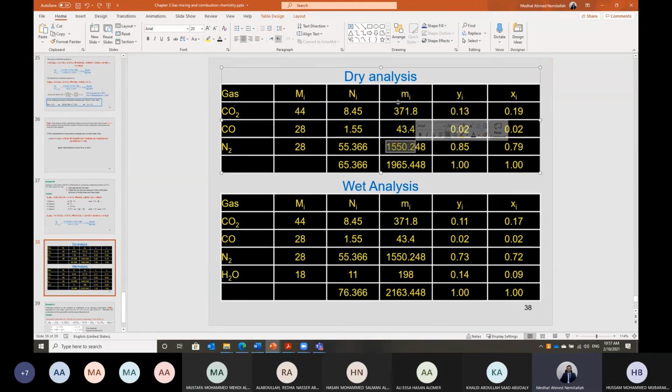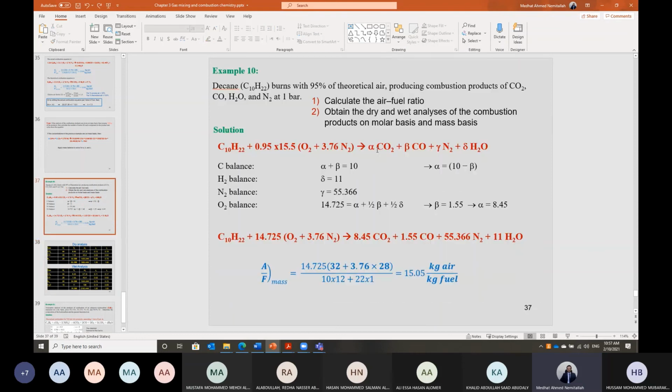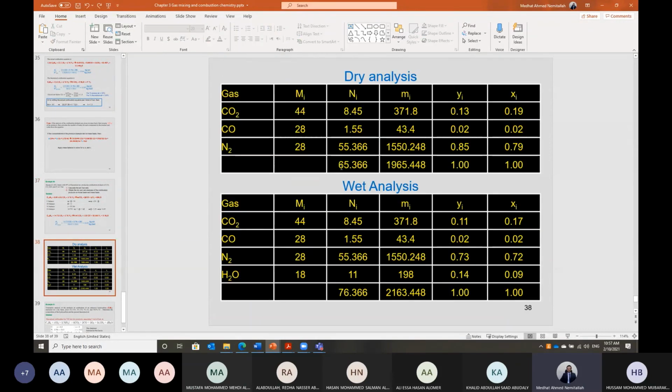If we sum up all masses for all components, then we can calculate the total mass. Like this, we can calculate the total number of moles of the product, neglecting H2O for the dry analysis. In this case, the total number of moles will equal 8.45 plus 1.55 plus 55.366. To calculate the mole fraction based on the dry analysis, it will equal the number of moles of each component divided by the total number of moles.